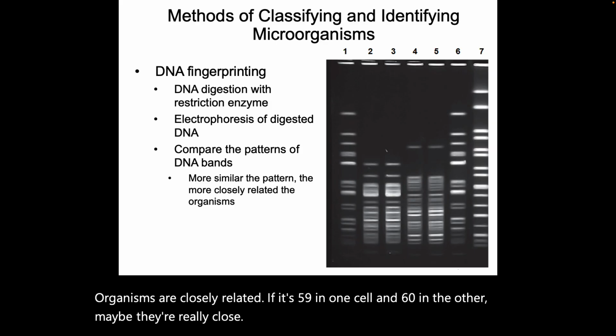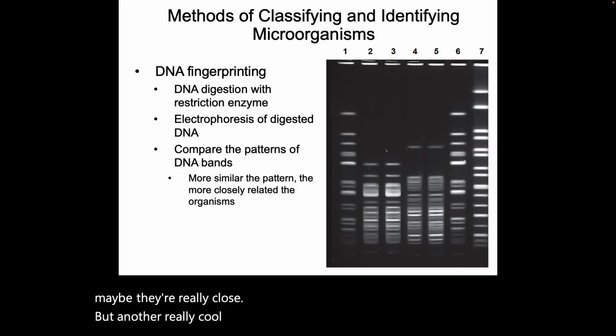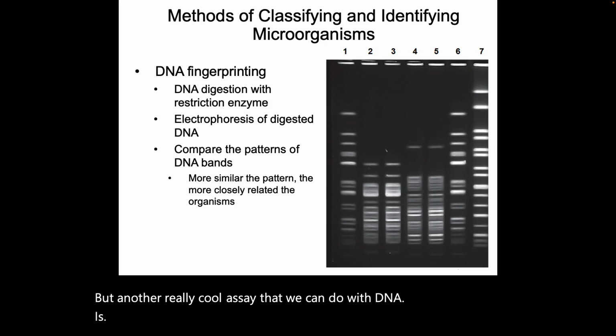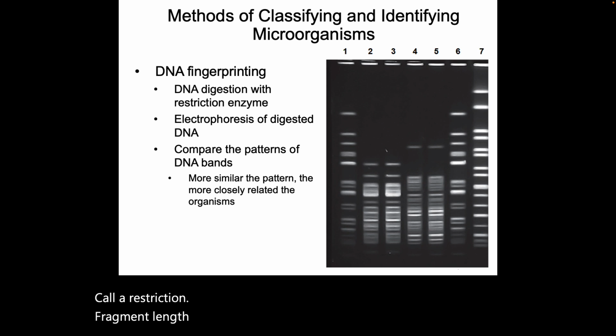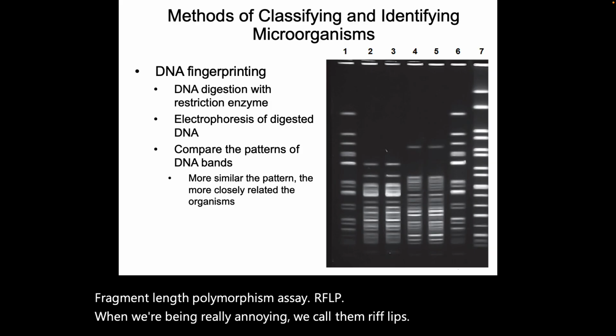But another really cool assay that we can do with DNA is called a restriction fragment length polymorphism assay, RFLP. When we're being really annoying, we call them RIFLIPs because RFLP takes too long to say.